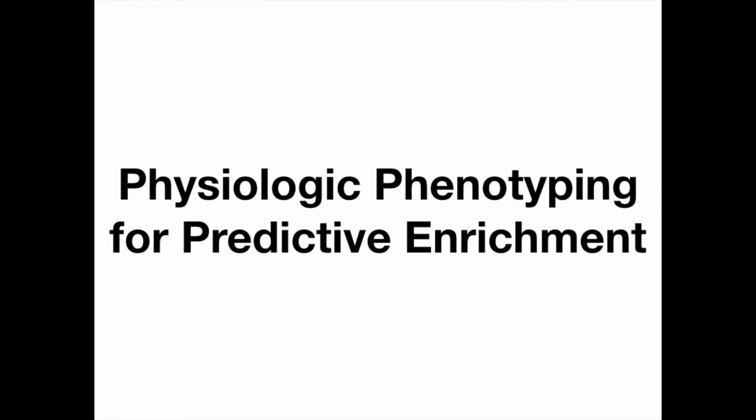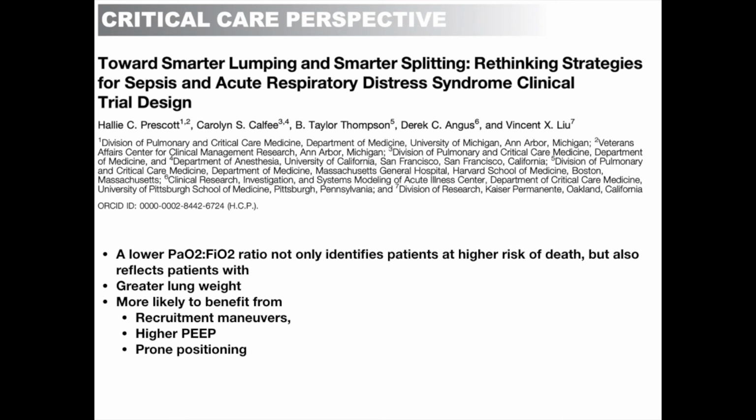Now let's see how we can improve the predictive enrichment. Looking first into the physiological phenotyping, a lower PF ratio not only identifies patients who are at a higher risk of death, but also reflects a greater lung weight, and these patients are more likely to benefit from recruitment maneuvers, higher PEEP and prone positioning.